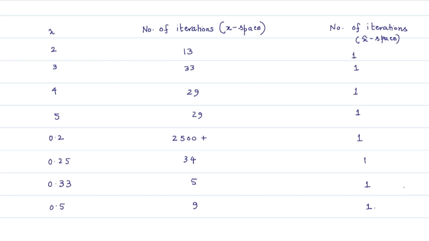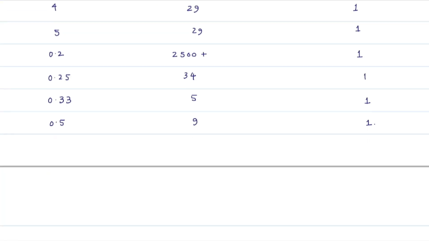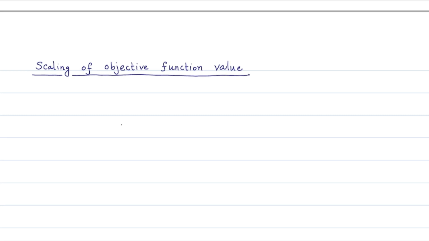Now I will end by mentioning the effect of scaling of the dependent variable in calculating the gradient and the Hessian. Let us suppose we are considering a scaling of the function value by a constant factor, say c.